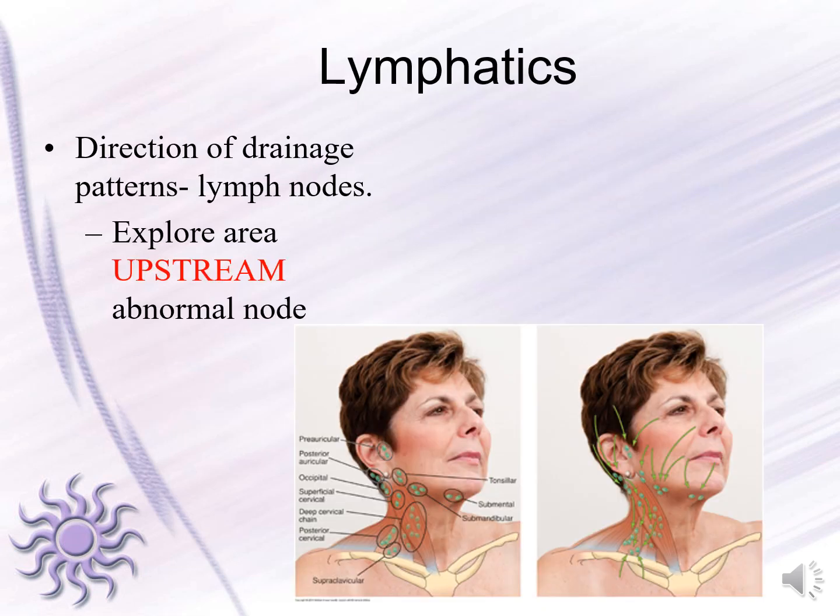You can see in this picture that the direction of the drainage is downward. So if there's an enlarged node, we might look above, upstream as you will, from that lymph node.